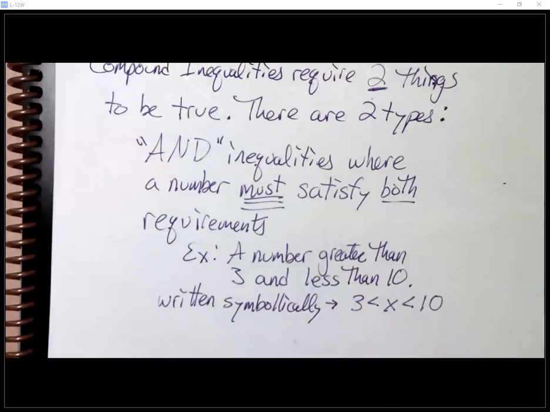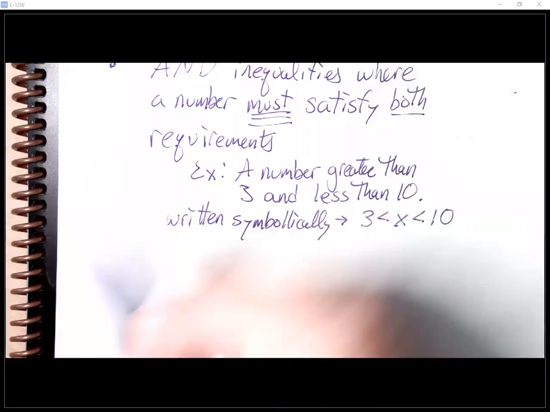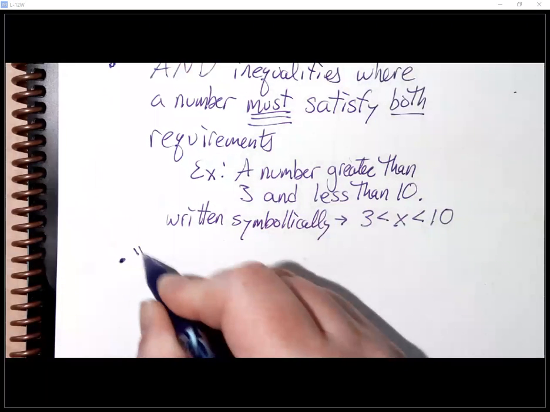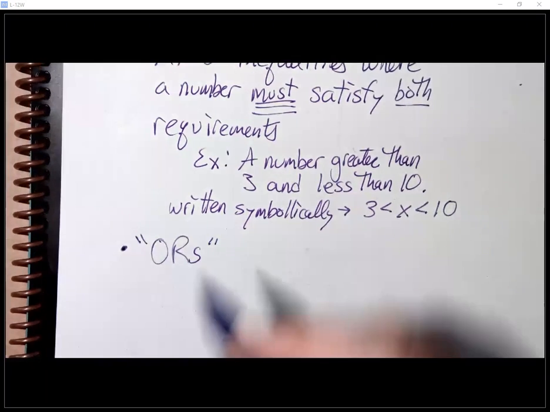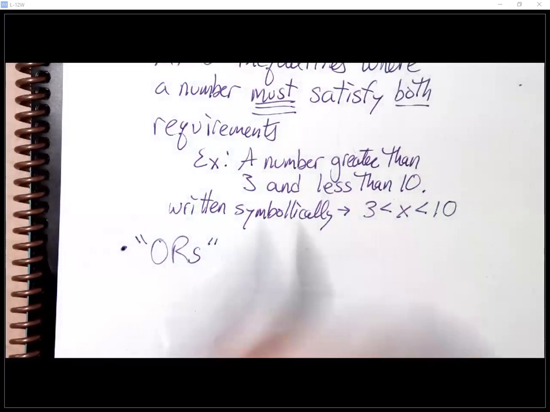Sort of. So we're going to be focusing on the ands today, but let me tell you what the other types are that we'll be looking at tomorrow. They are called the ors. So here was our first type, the ands. The second type are the ors. Or I guess I shouldn't make it plural.